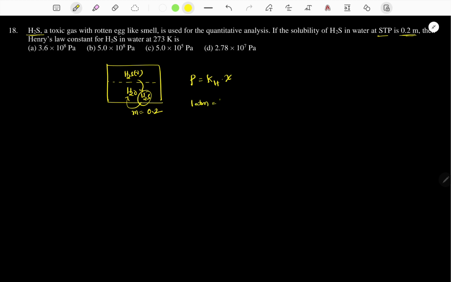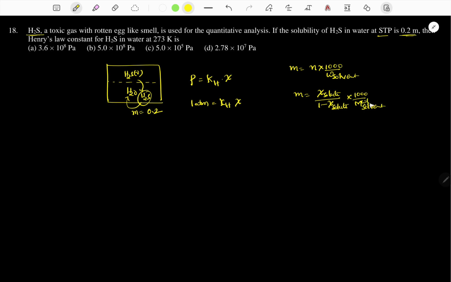So, at STP, P equals KH value into mole fraction. Molality equals number of moles into 1000 by weight of solvent, not molecular weight of solvent, weight of solvent. So molality is equal to mole fraction of solute upon 1 minus mole fraction of solute, into 1000 by molecular weight of solvent.